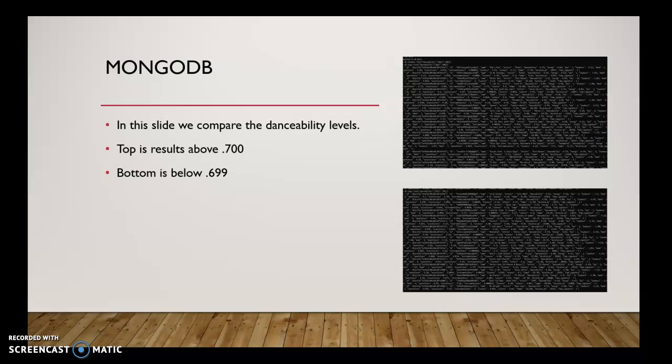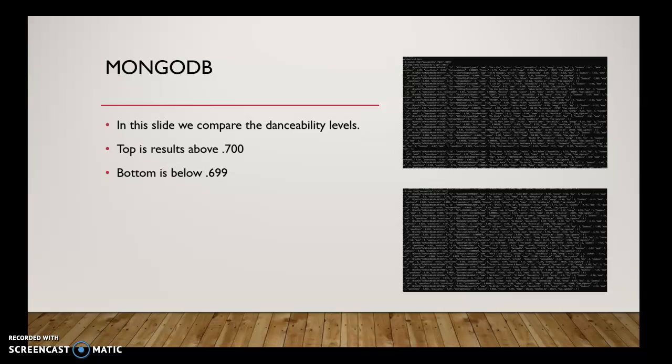So in MongoDB, I did a couple tests to look at my data, and we looked at the danceability levels. The top one is results that are greater than or equal to 0.70, which is just below my average danceability score. So these are all the songs that are above the average, meaning they have a little bit more likelihood to have a download.